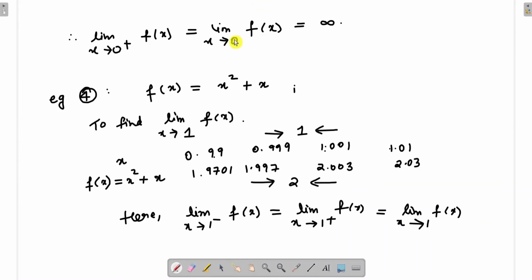So this was example number 4. Now we'll look at algebra of limits.